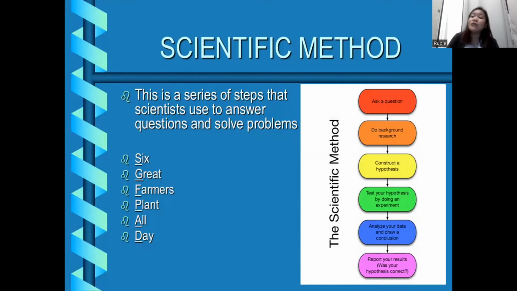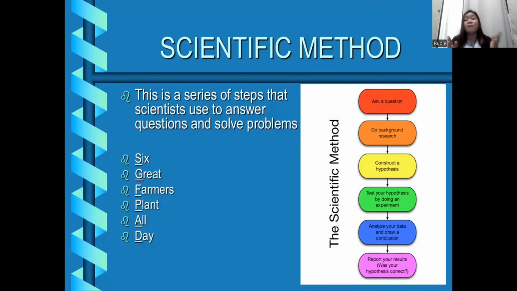This roadmap for science is a very useful tool for scientists to be able to answer questions and solve problems. And you are right. That is the scientific method. And that is our lesson for this morning.